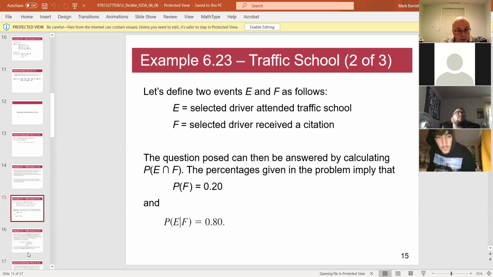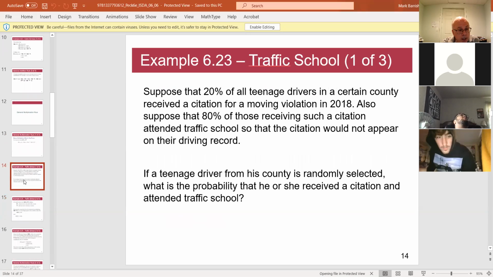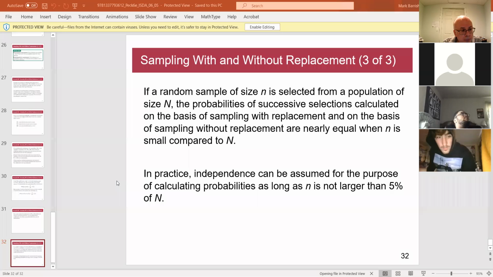So where is the multiplication rule? It's in the previous slides. Let's stop sharing for a minute and see if I can find it. Multiplication rule.